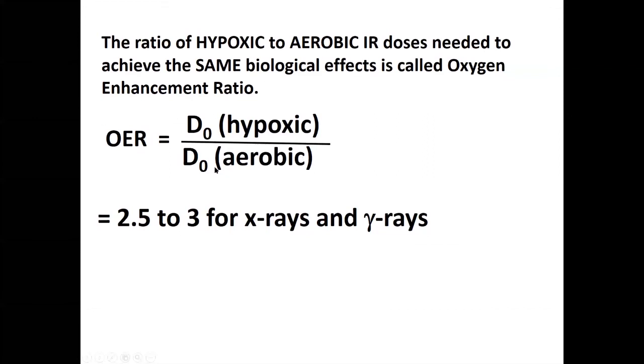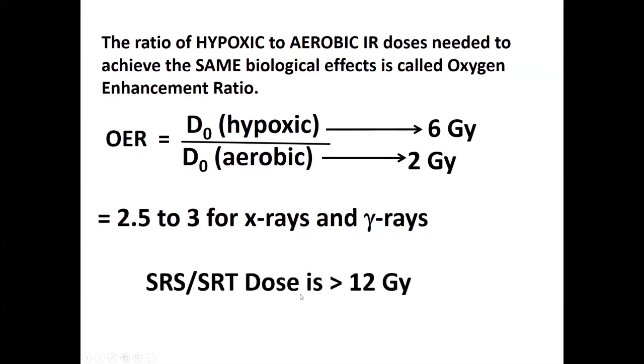Now it is 2.5 to 3 for X-rays, which means that you need to deliver 3 times higher dose for hypoxic cells as compared to oxic cells. D0 for aerobic cells we know is around 2 gray, so D0 for hypoxic cells should be 6 gray. And in non-fractionated radiotherapy, how much do we deliver? Usually more than 12 gray. So from here also you can appreciate that this dose will have a direct damaging effect on hypoxic cells.